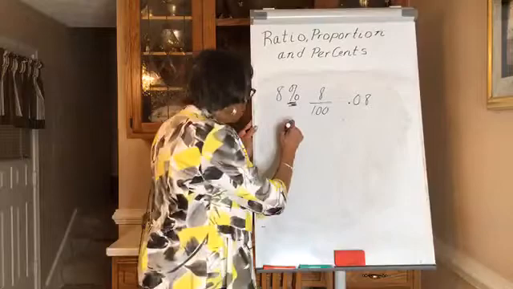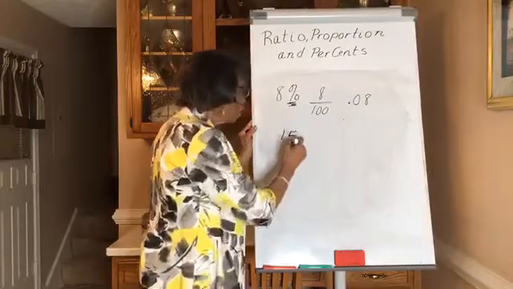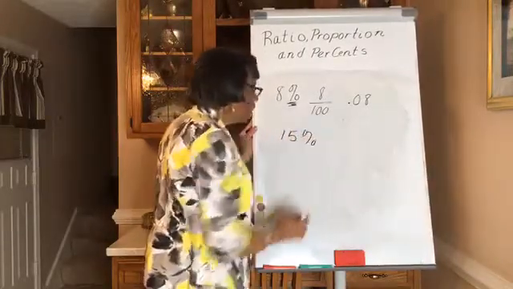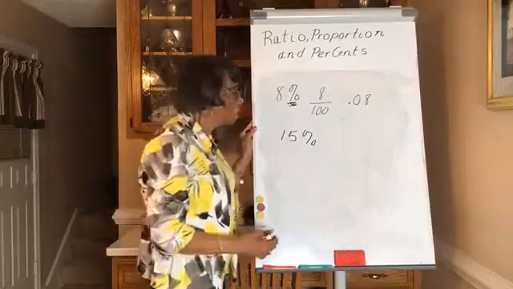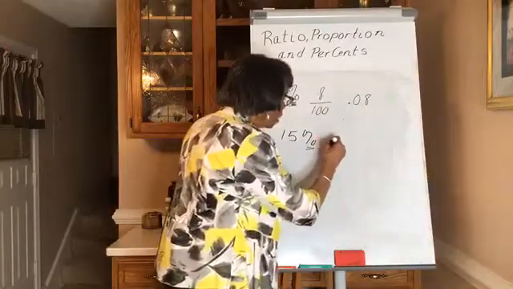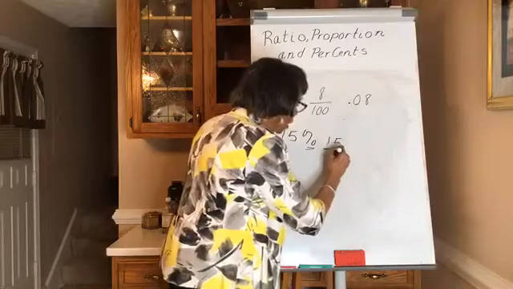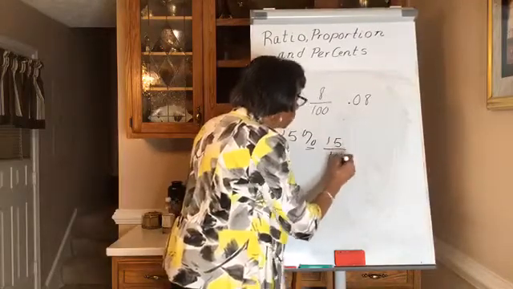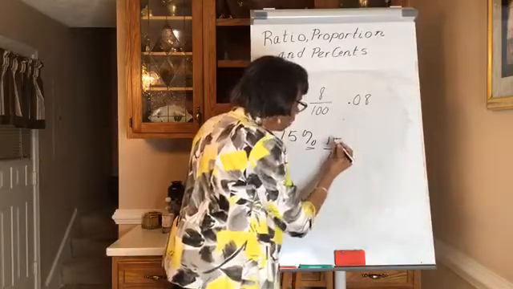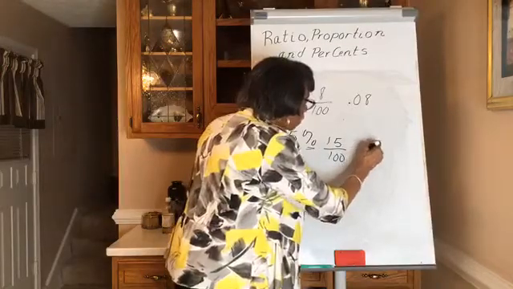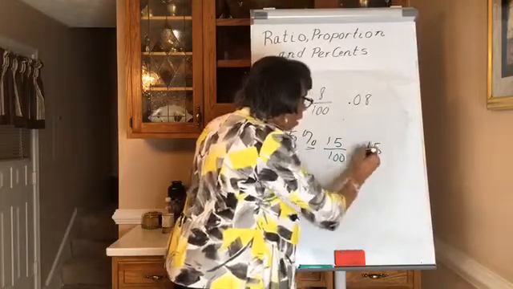All right, let's do another. 15% means 15 over 100 or divided by 100. And hundredths is 2 places, so it means 15 hundredths.